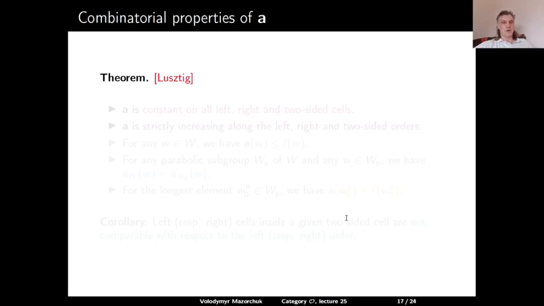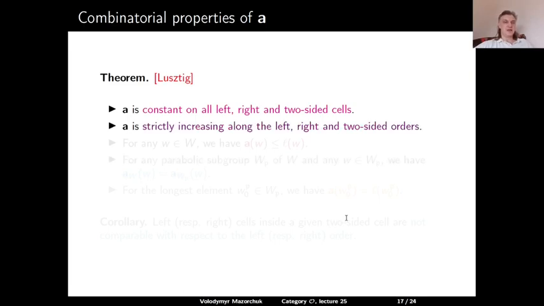Theorem by Lusztig. A is constant on all left, right, and two-sided cells, and is strictly increasing along the left, right, and two-sided orders.